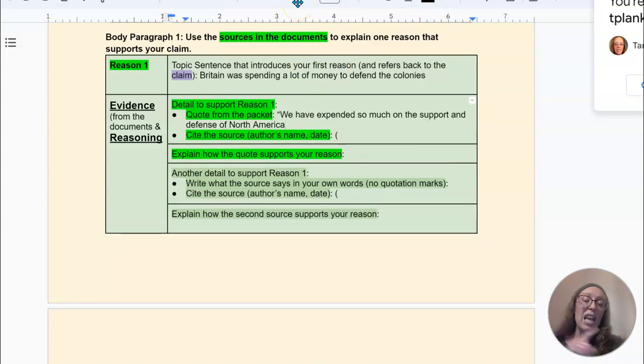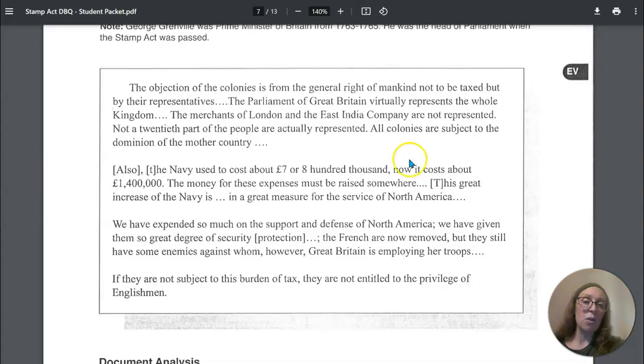I want you to notice that includes the punctuation and capital letters. So I have the capital W, I have capitalized North and America, and now I'm going to add a semicolon, because that is what is in the document, right? We have a capital letter, and then there's a semicolon.